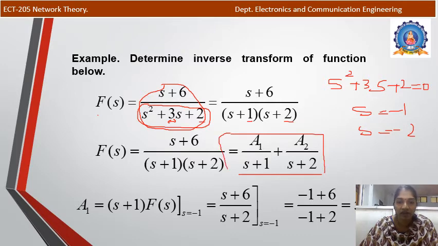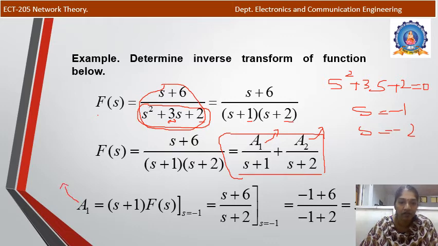So here we can write it as A1 by s plus 1 plus A2 by s plus 2. Next we have to find this A1 and A2. Okay, so A1 is equal to s plus 1 into F of s at s equal to minus 1.